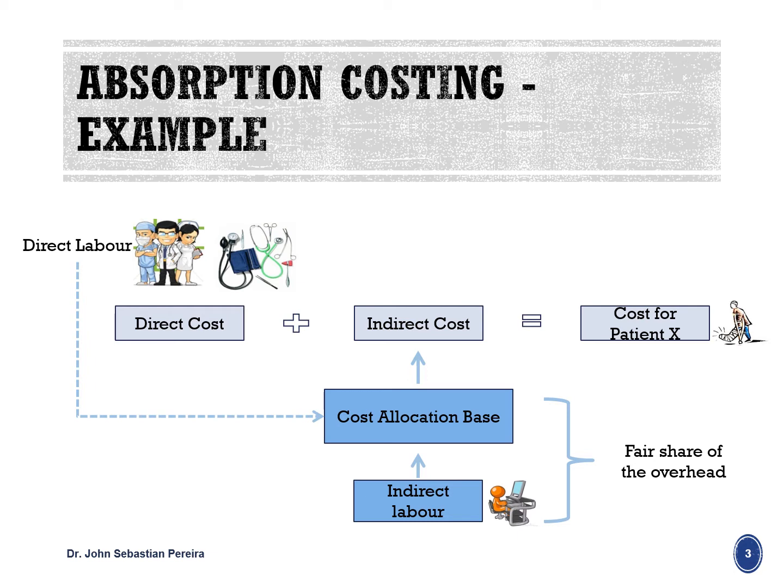This allocation rate will be used to estimate the indirect cost in proportion to the total direct labor hours that have been associated with this patient. By doing this, we are allocating both the direct as well as the indirect costs associated with the cost object, i.e. patient X.